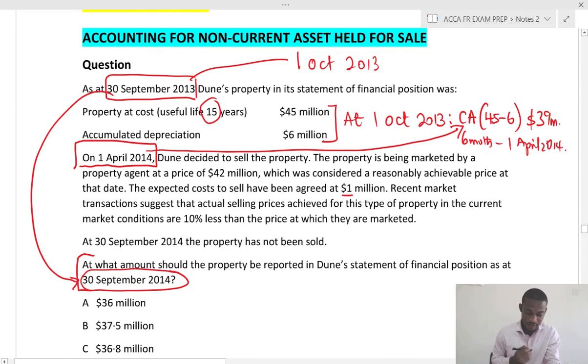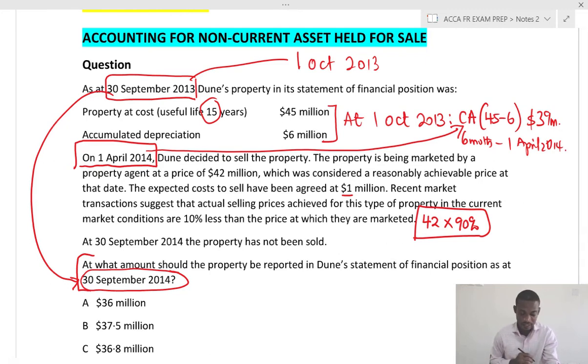Recent market transactions suggest that the actual selling prices achieved for this type of property in the current market condition are 10% less than the price. So it means that the reasonable price will now be 90% of the original intended price to sell the asset. At 30th September 2014, the property has not been sold.